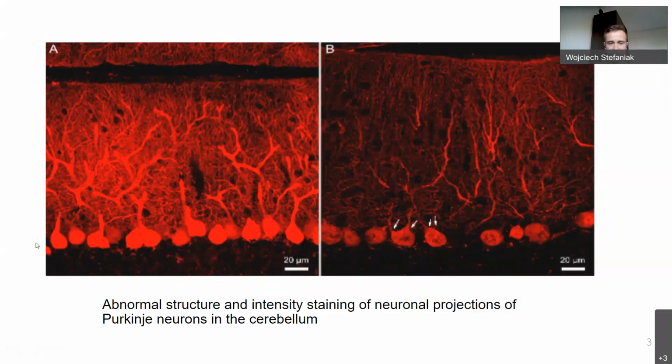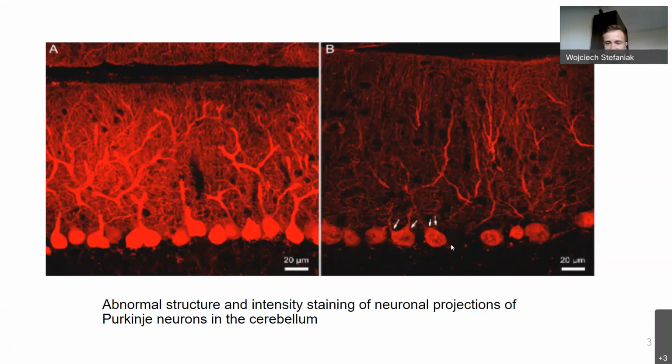On the left, we can see that there are a lot of Purkinje neurons in our cerebellum. We can see that the dendrite net is really dense. Those dendrites are thick, and this is how healthy dendrites look.